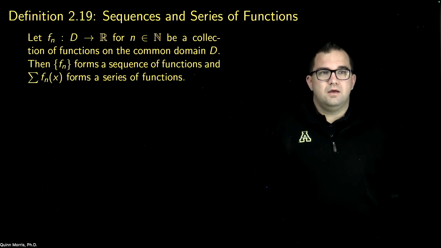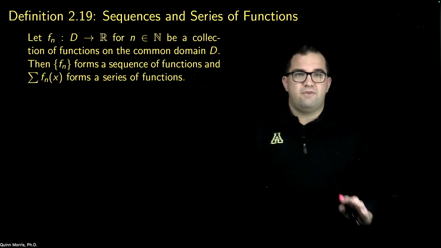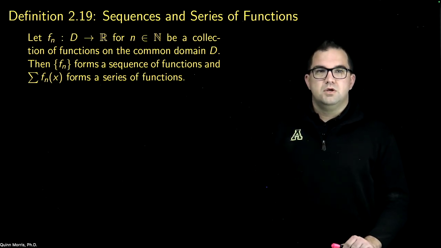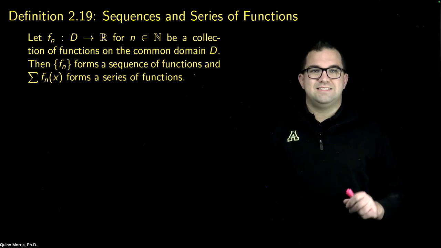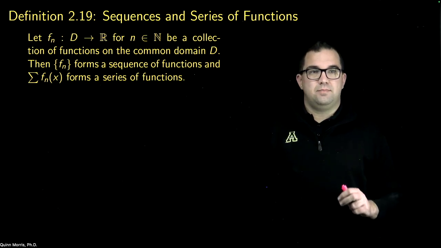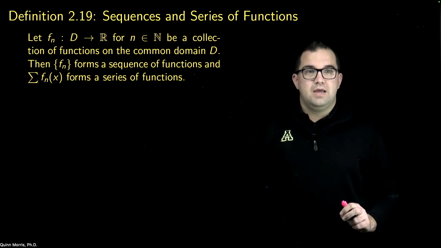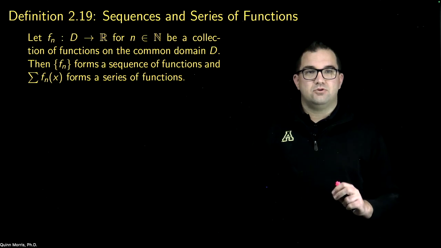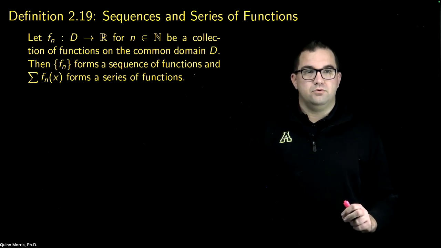So to begin, let's first begin by simply defining a sequence and a series of functions. So imagine we have a set D. That set D is going to be our common domain. And we have a collection of functions. So for every natural number n, we have a function f sub n, which maps from D into the real numbers.